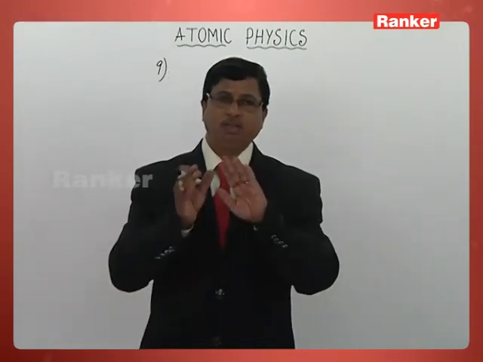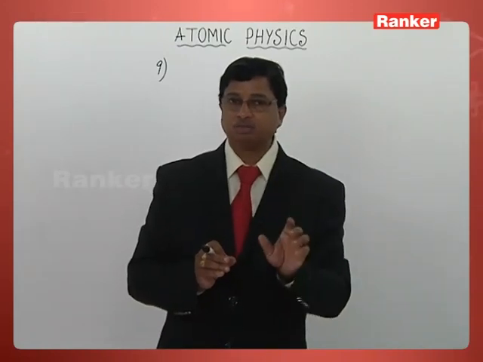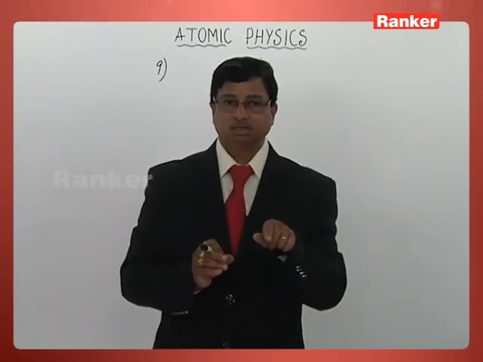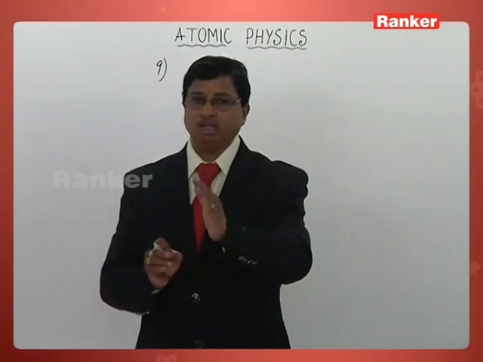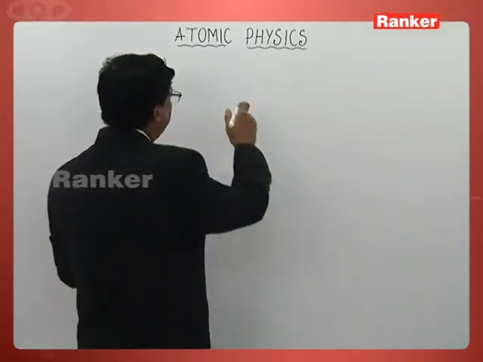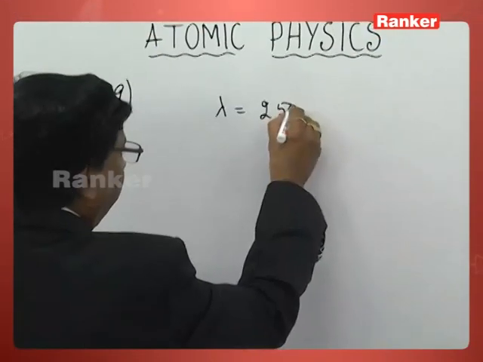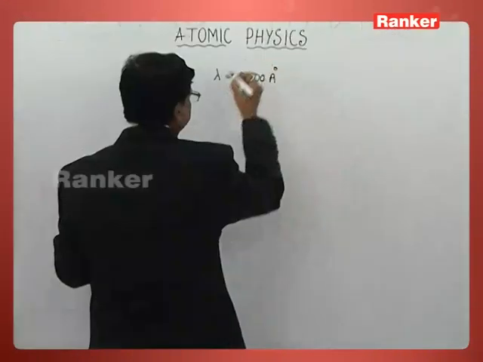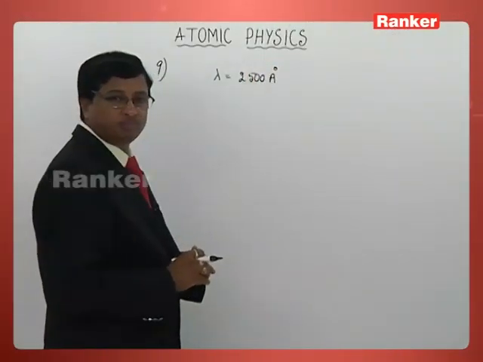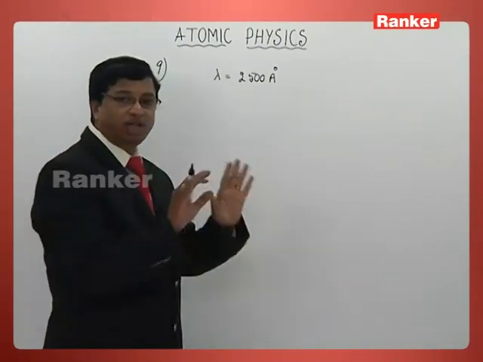So what is the calculation here? 2500 angstroms of light is now incident on each metal, like he said. So the wavelength of the light falling there is 2500 angstrom units. What is the corresponding energy of this light? You calculate, that's all.